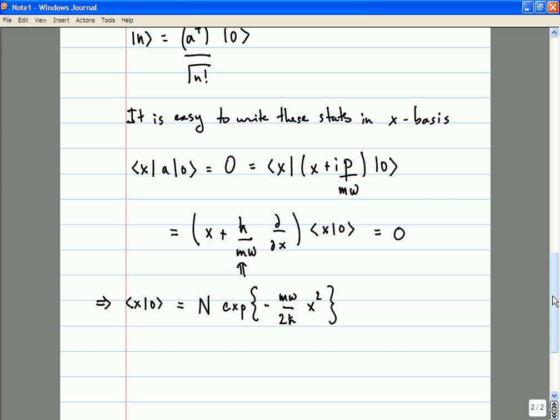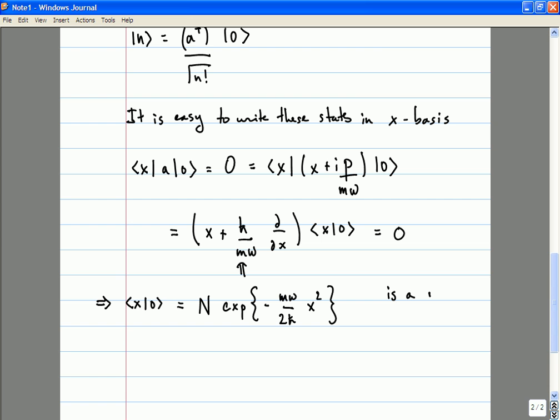So this, of course, is the usual Gaussian solution of the time-independent Schrödinger equation for the simple harmonic oscillator.